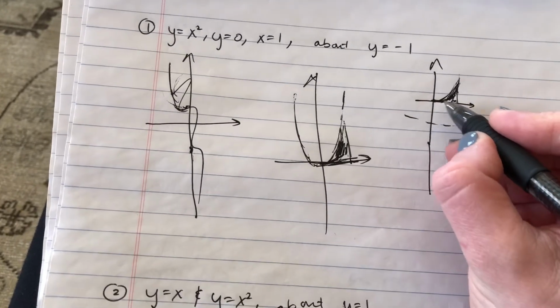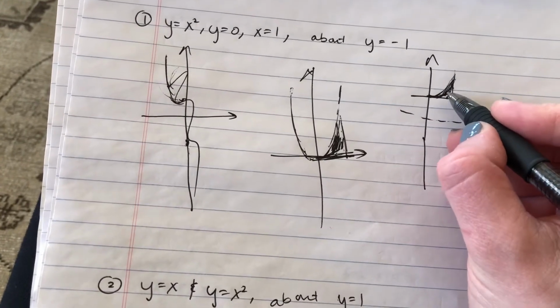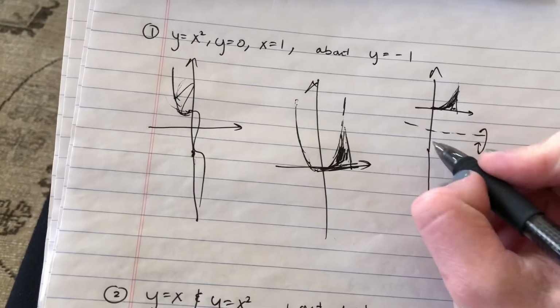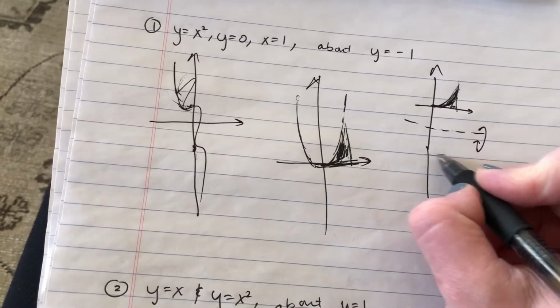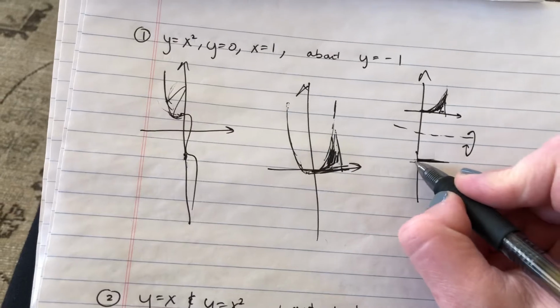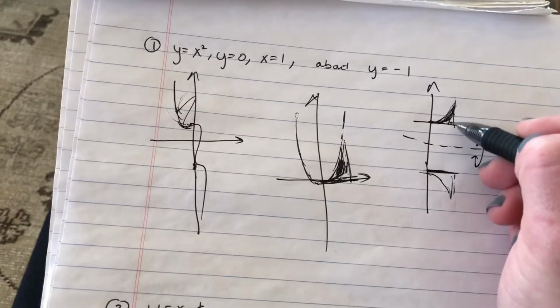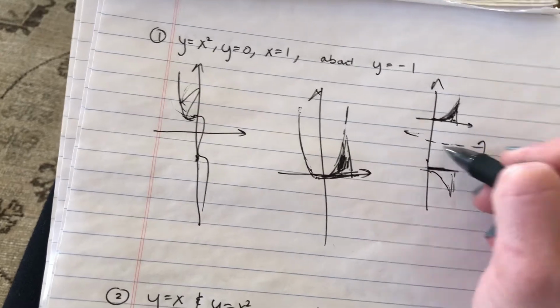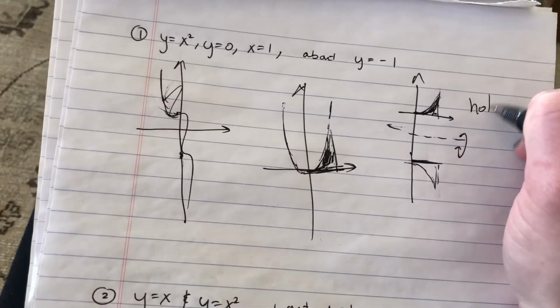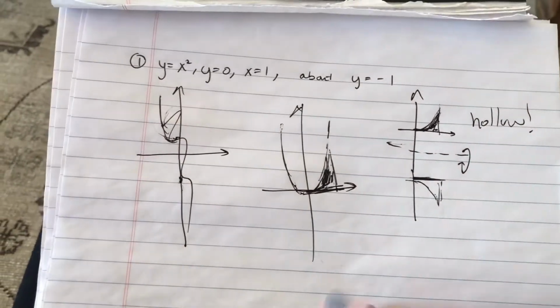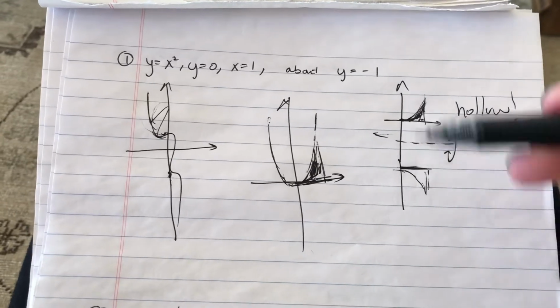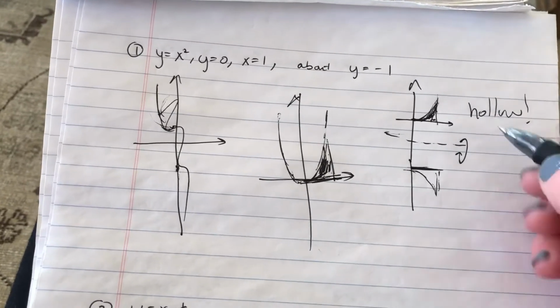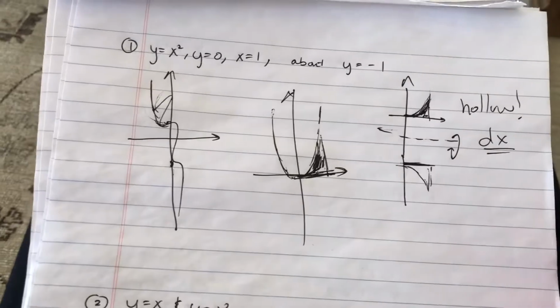My region is above the x-axis, and then I have a 1 unit gap here, so I'm going to have another 1 unit gap before I have the other side of it, and then I'm going to have symmetry. There's this gap between the original region and the axis of revolution. That means I have a hollow solid. I also am revolving around a line parallel to the x-axis. It's a horizontal rotation, so it's going to be a dx problem.